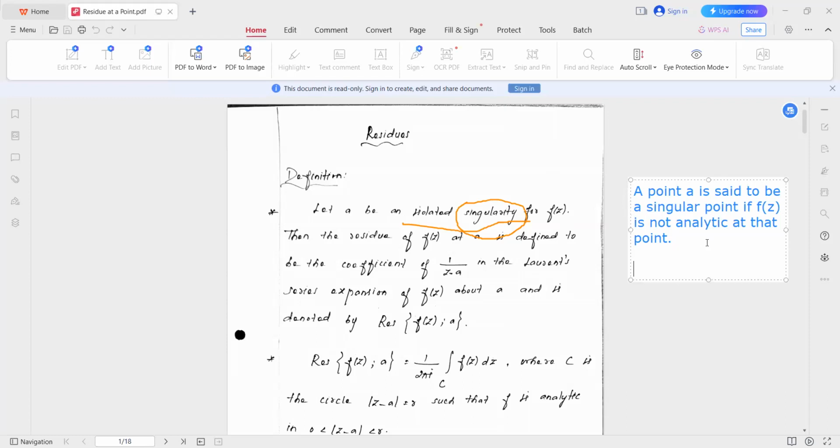Isolated singular point means, suppose we have two singular points, 1 and 2. The point 1 is said to be an isolated singular point if, in the neighborhood of that singular point, the other singular point does not come.